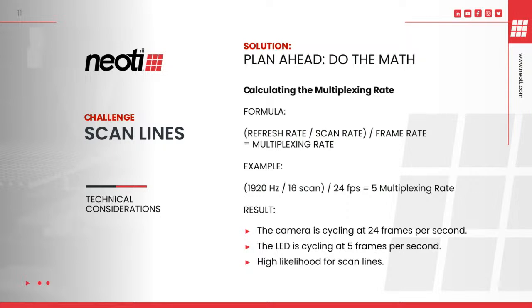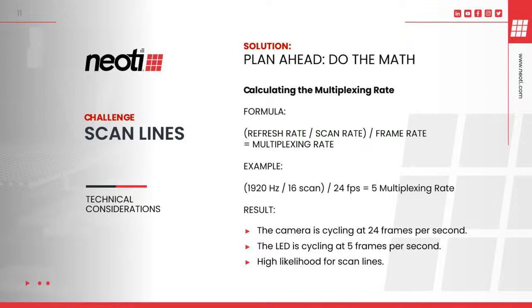That's the multiplexing rate. In this calculation, the LED screen was 1920 hertz at 1/16 scan, and you're shooting at 24 frames per second. Do all the dividing, and you get a multiplexing rate of 5. Well, if your camera's at 24 and your LED screen's at 5, that means there are a lot of frames that are going to be black that your camera will pick up on.